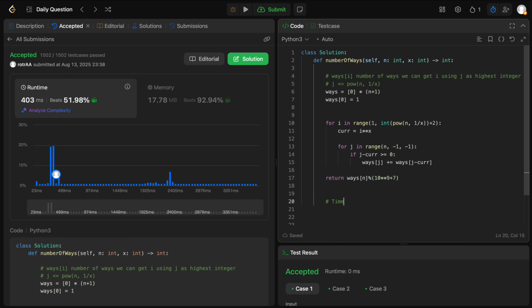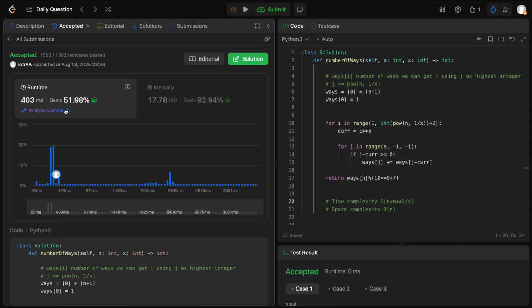Let's check time complexity. So space complexity, well, it's O(n), and time complexity of n times, how would I classify this? 1 over x, something like this.